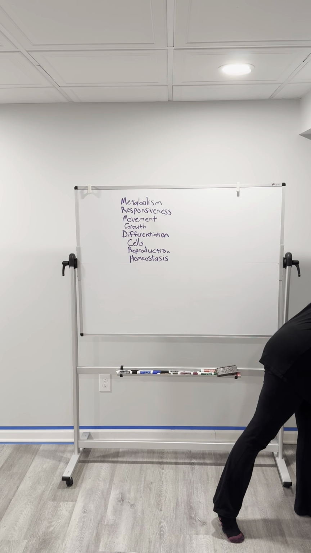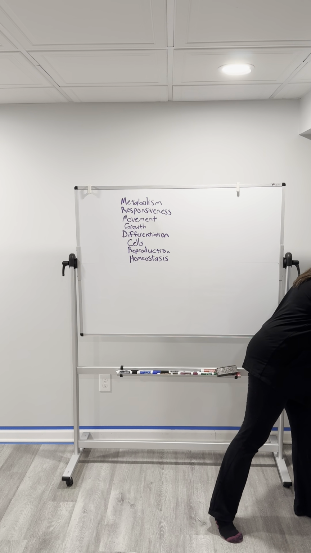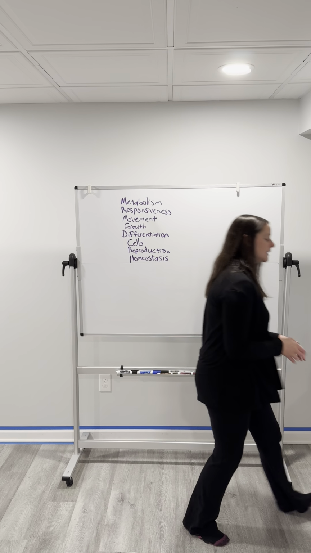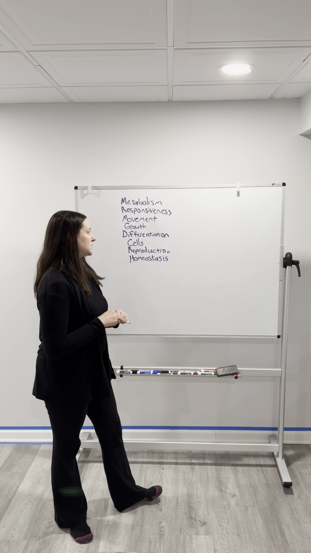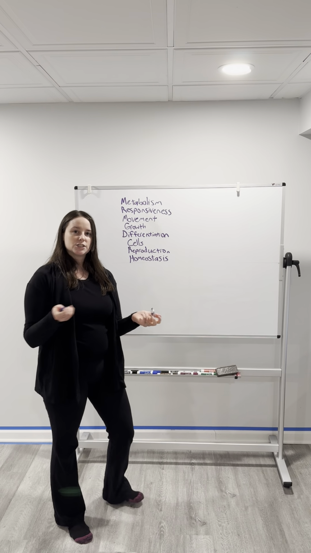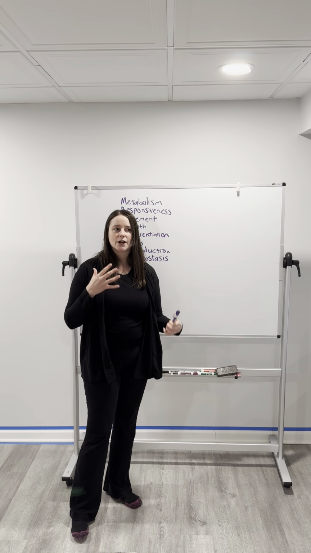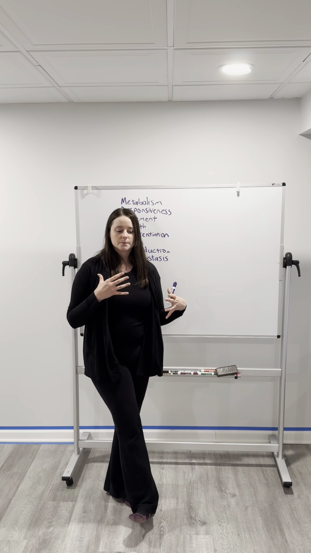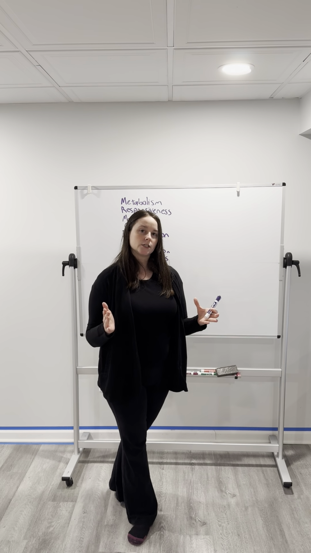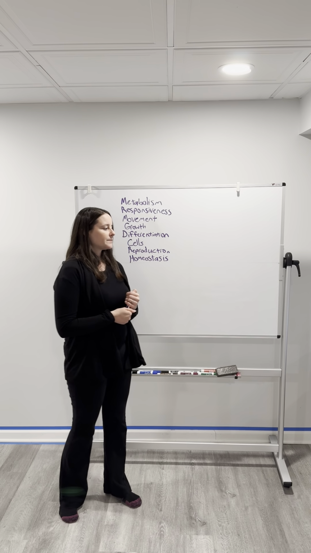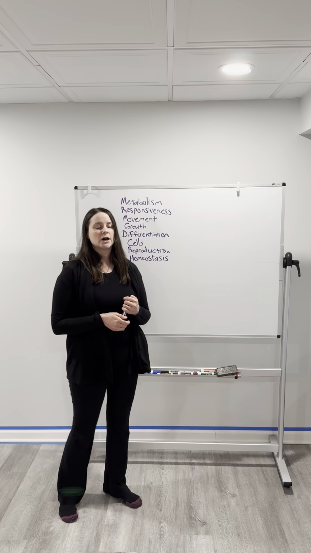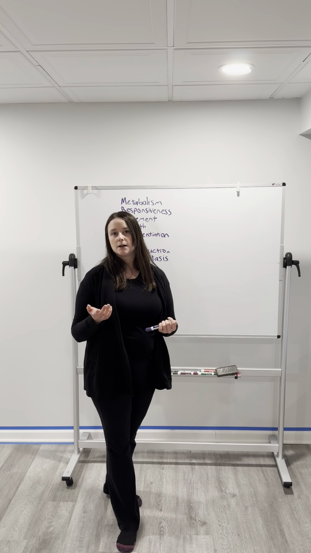Okay, so homeostasis. There are lots of different regulatory processes in the body that help us to maintain our homeostasis. An example that I just gave would be maintaining our body temperature. Our body's constantly trying to maintain our temperature within a specific range. It's kind of like how a thermostat works in your house.